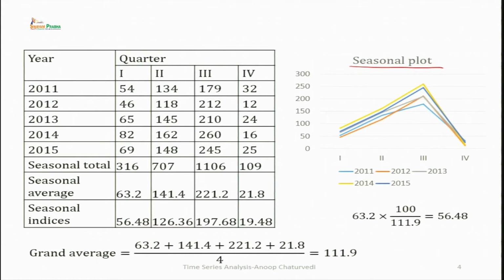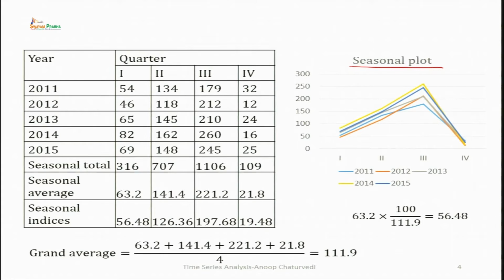The observations have some kind of periodicity also. To obtain the seasonal indices, we arrange the data year and quarter wise. So, corresponding to 2011, we arrange the observations of different quarters, 2012, we arrange the observations of different quarters, and so on.